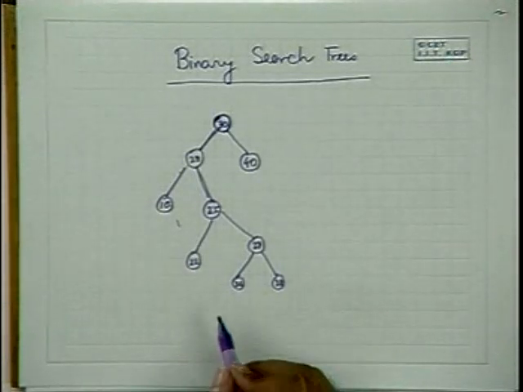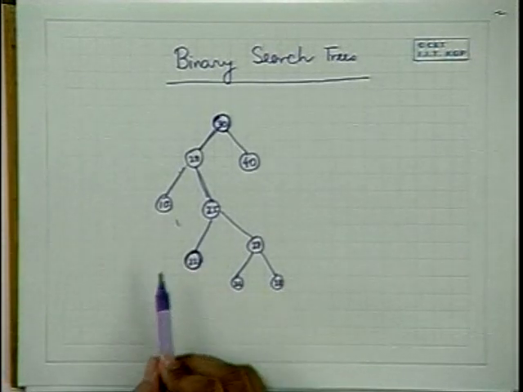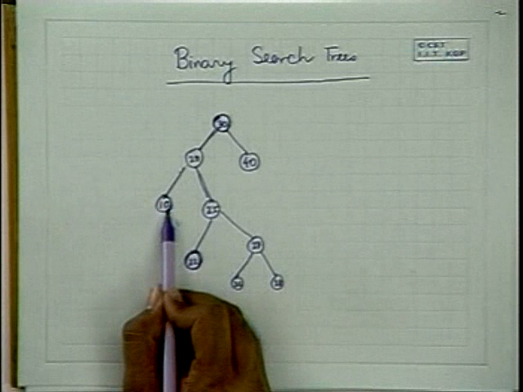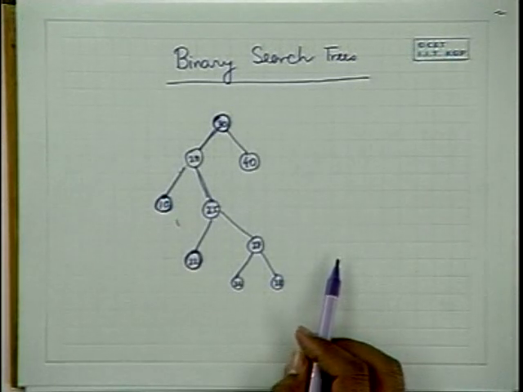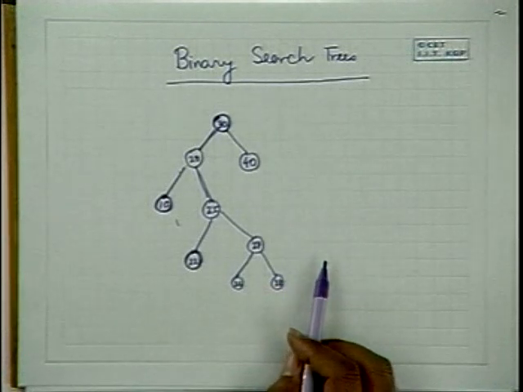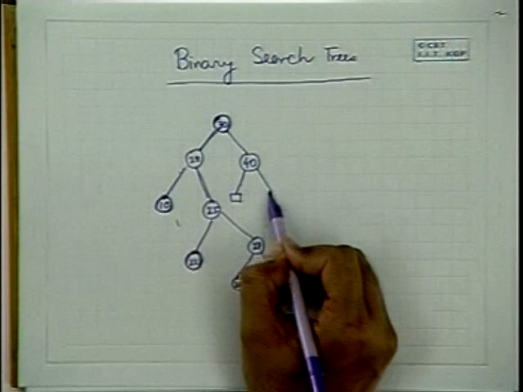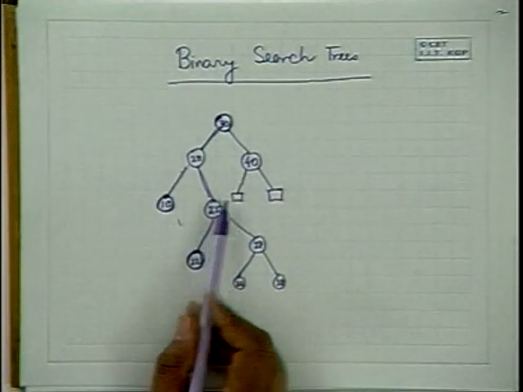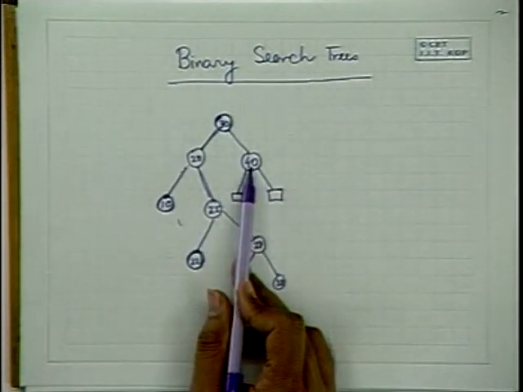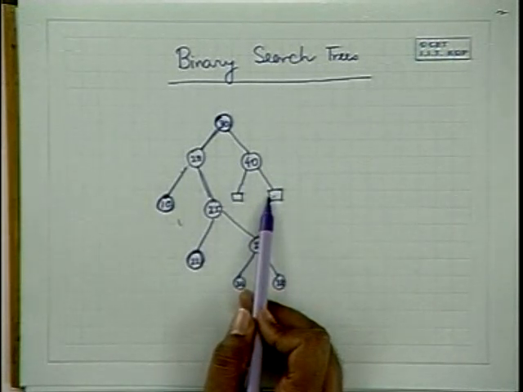Now this is our notation. For each node we always have two children, though one child may be empty. We will denote the empty children with squares like this. In the declaration, this node has two pointers, a left child and a right child, and these two pointers will be null.